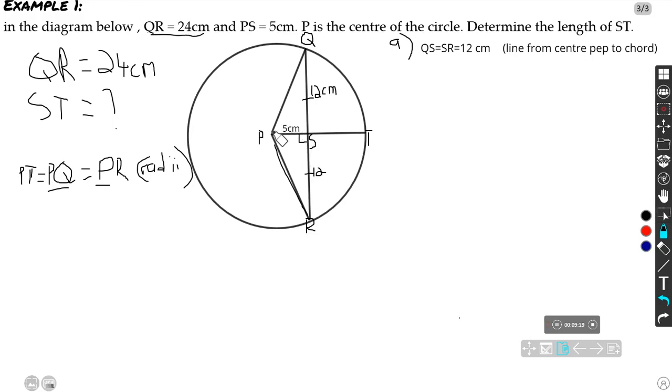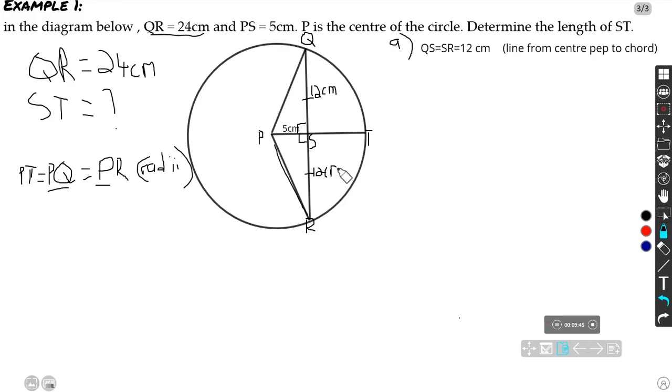For example, in triangle SPQ, we can find the length of side PQ, which is going to be our hypotenuse. If we can find the length of PQ, then we can equate it, because it is equal to PT and it is equal to PR because it is a radius.